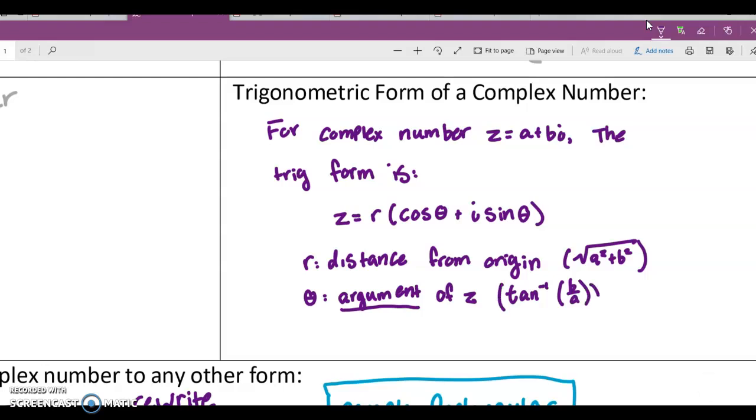Again, super familiar from polar coordinates, okay? It's almost like math builds on itself. And then we also have that a is equal to r cosine theta, and b is equal to r sine theta. So kind of like x and y.